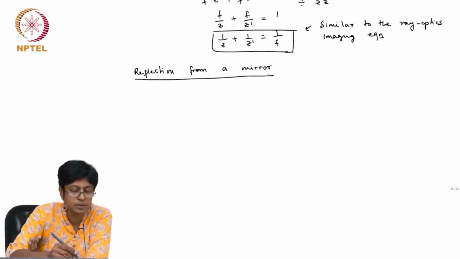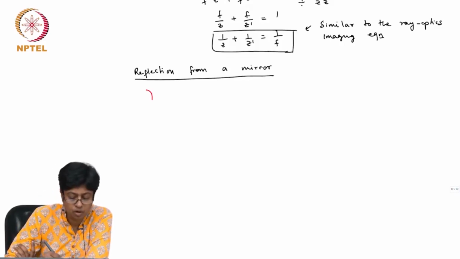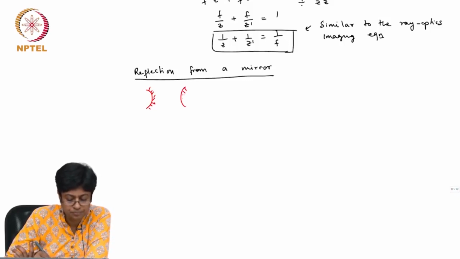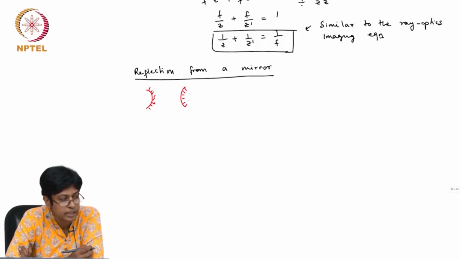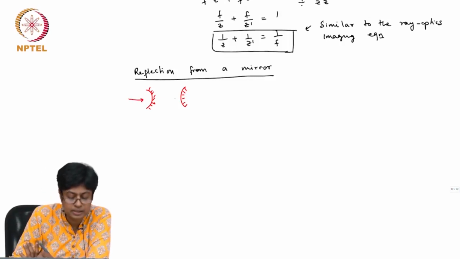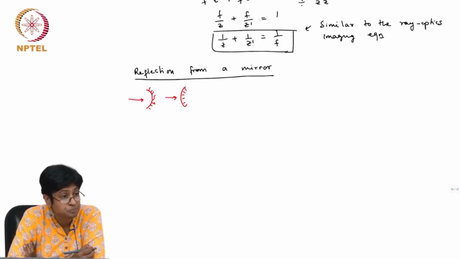Similarly, I can talk about a concave mirror or a convex mirror. In either case, I'm going to assume that for a beam incident on either of these, there is no absorption by the mirror or its coating, and therefore the only change to the incident beam is going to be the phase.